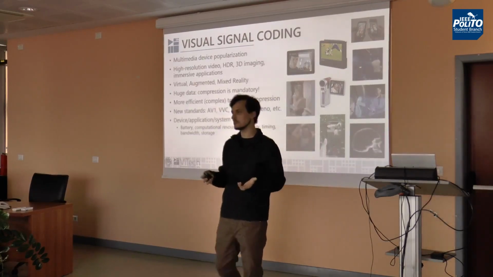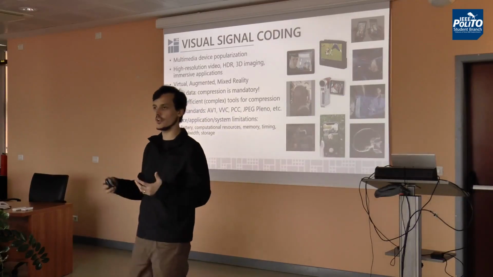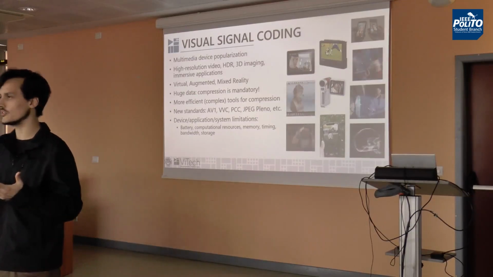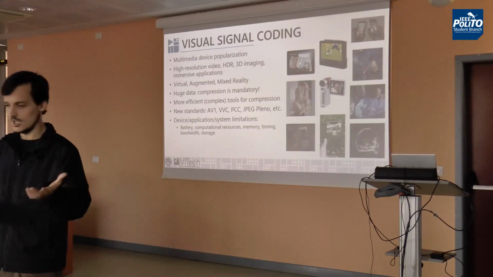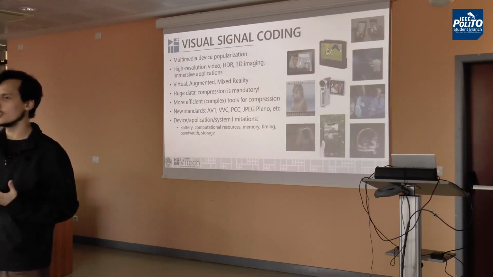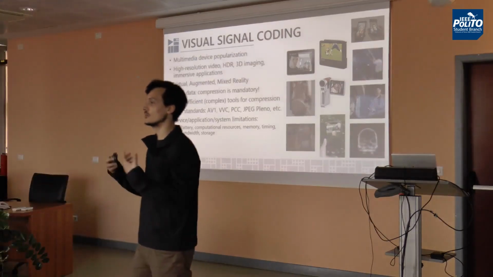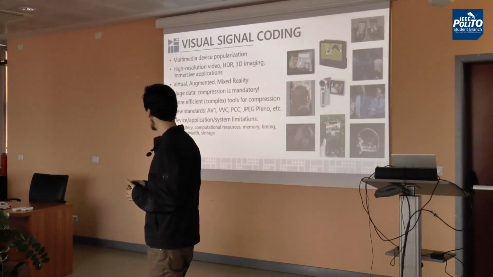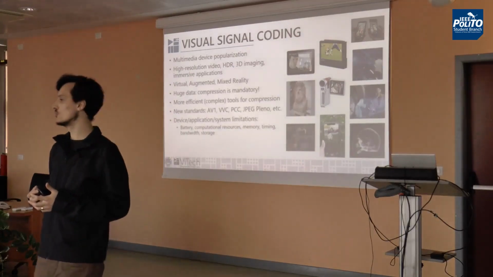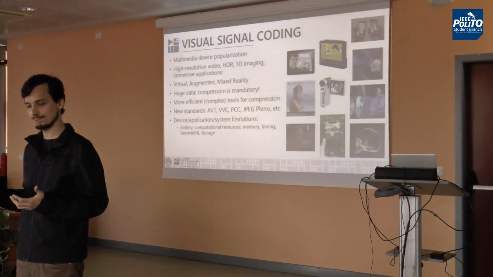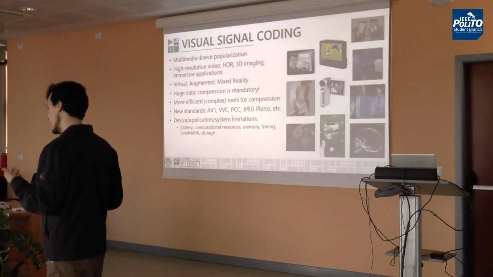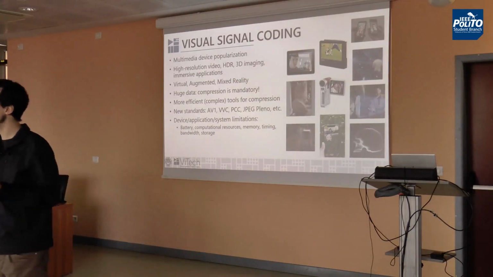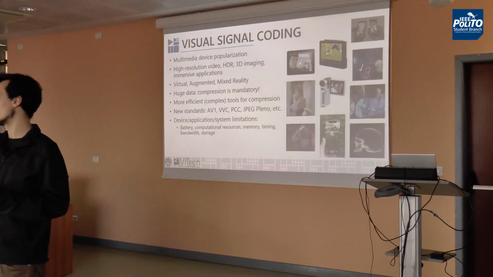There are new standards. Of course, as the requirements evolve, we need better tools. So we are always having new standards for coding: image, not that much, but video, light field, point clouds, these new varieties of visual signals. And we want multiple applications of such signals in, say, not powerful devices.